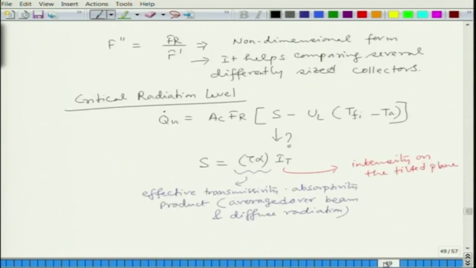So, here in this expression you can see that the first part is the gain and the second part tells you about the loss, right.